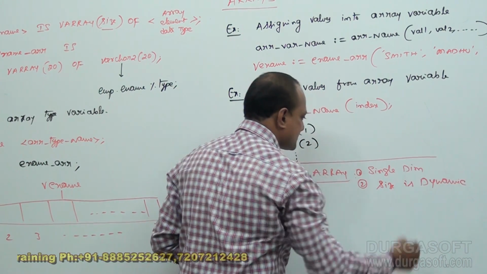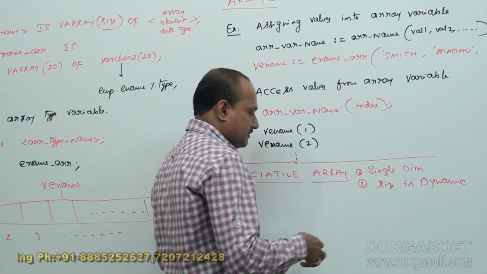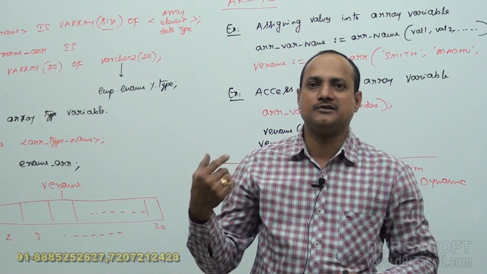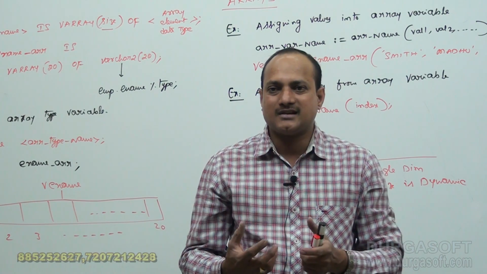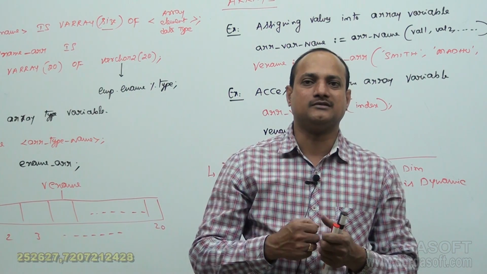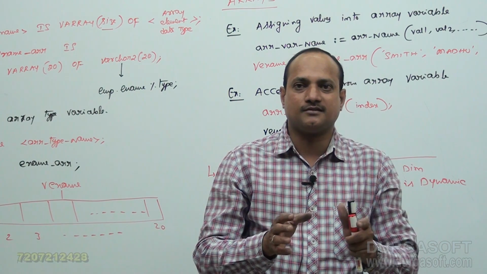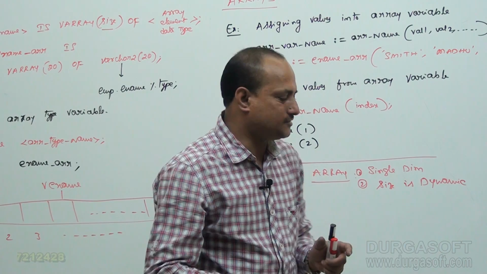Don't specify any size. If into this array 100 values are coming, then 100 values will be saved. Into this array 1000 values are coming, then 1000 values will be saved. So don't specify size of the array in case of associative array.